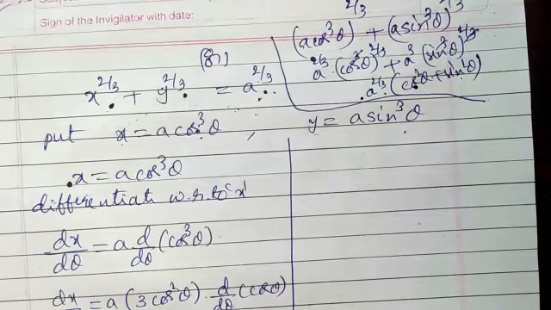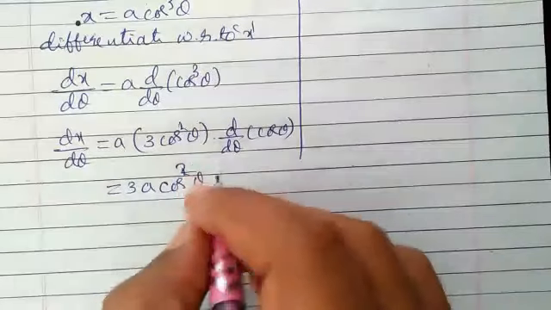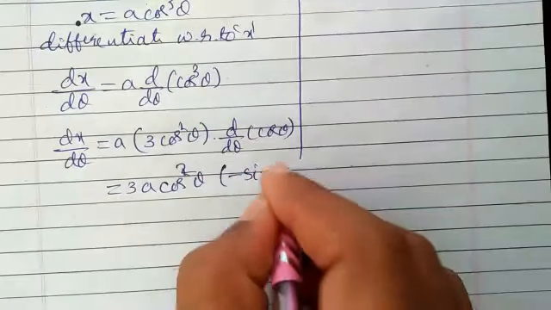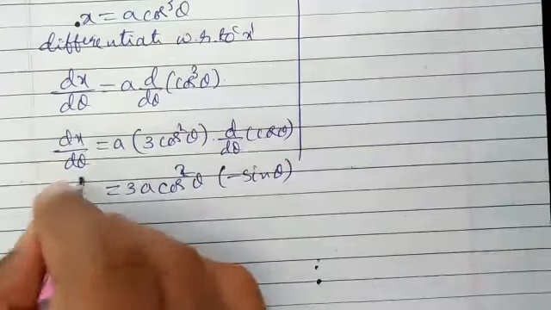That is 3a cos square theta into d by d theta of cos theta, which is equal to minus sin theta.